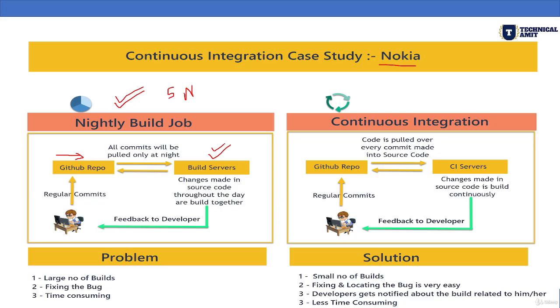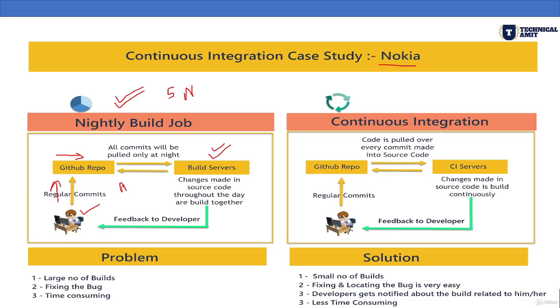Suppose they had 10 or 20 developers working on this, pushing all the changes to the GitHub repository. Whenever the build server ran, it fetched all the changes from throughout the day.